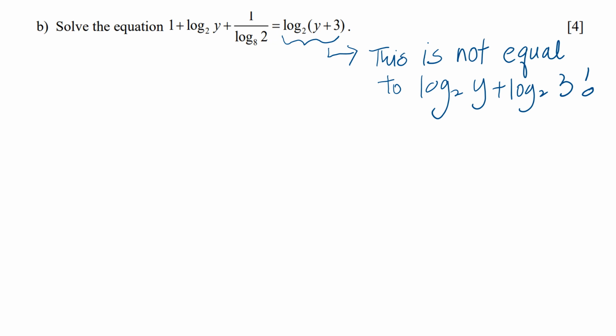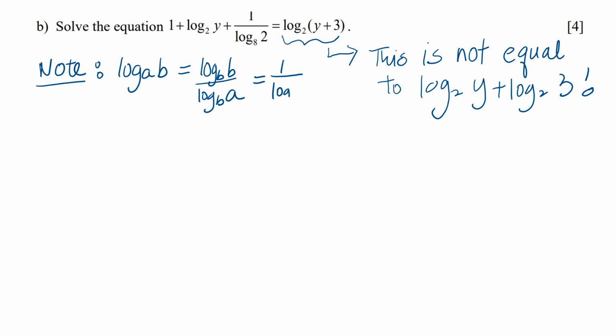Another concept that we need to revise to solve this question is this. It's more or less a shortcut. Supposing I change log b base a to log b, let's see what happens. Log b base b will give you 1. Can you see the shortcut there?